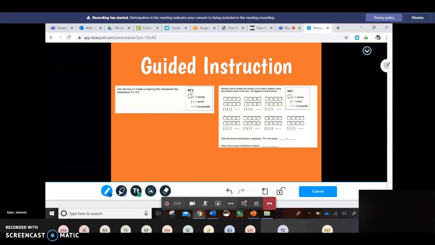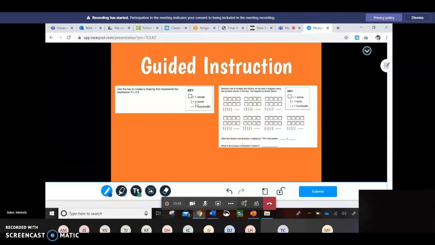But now that we're moving up using decimals, this represents one whole. So that's our flat. Remember, this big square is a flat, and that represents one whole.